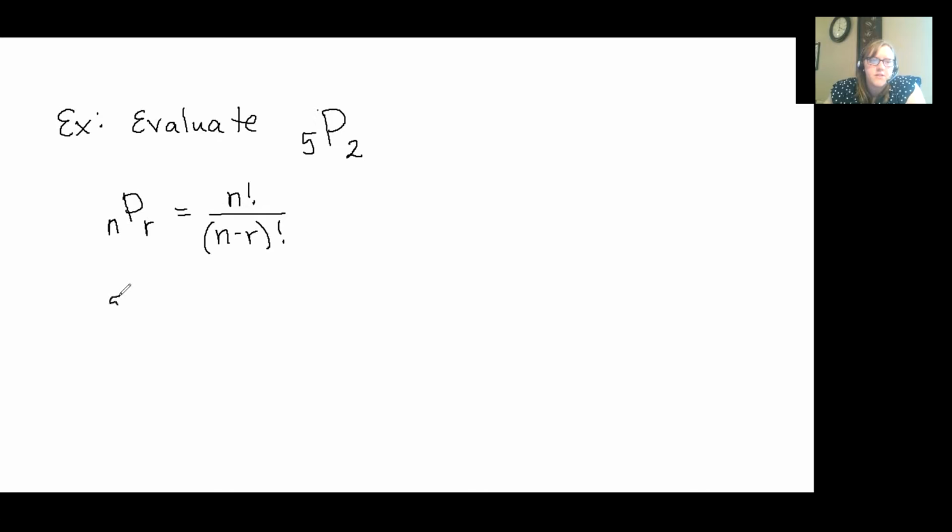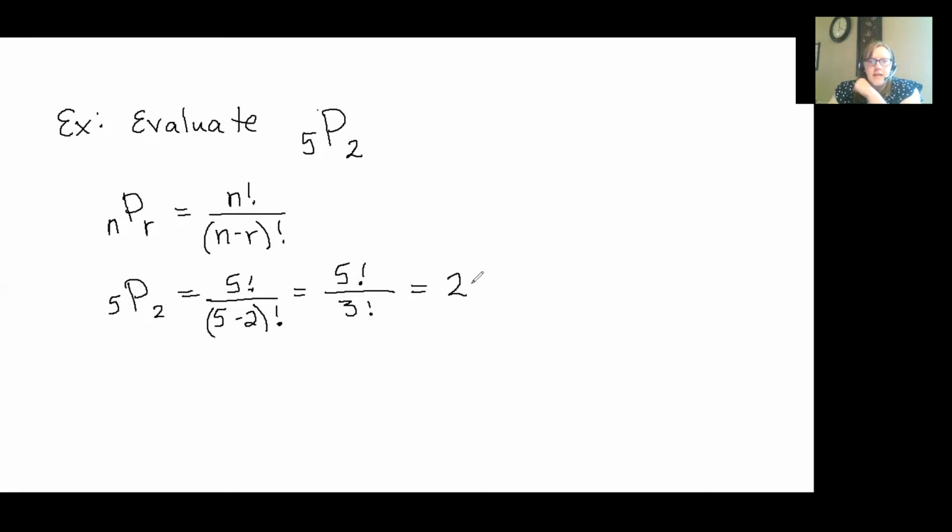So in this situation, 5P2 is equal to 5 factorial all over 5 minus 2 factorial, which gives me 5 factorial all over 3 factorial, which gives me 20.